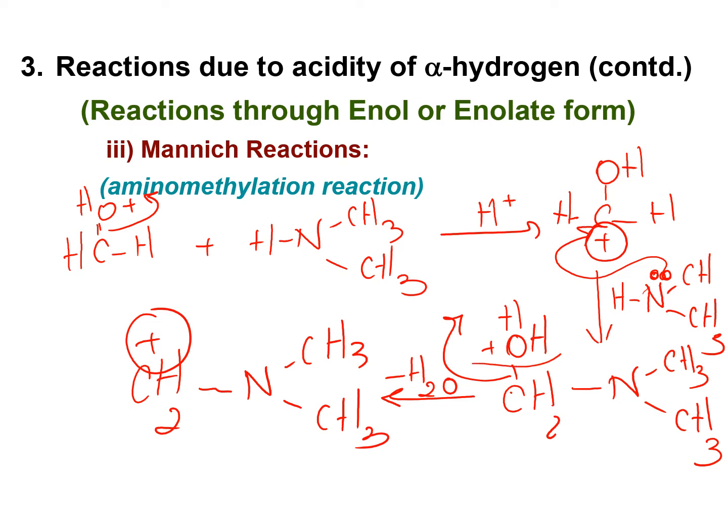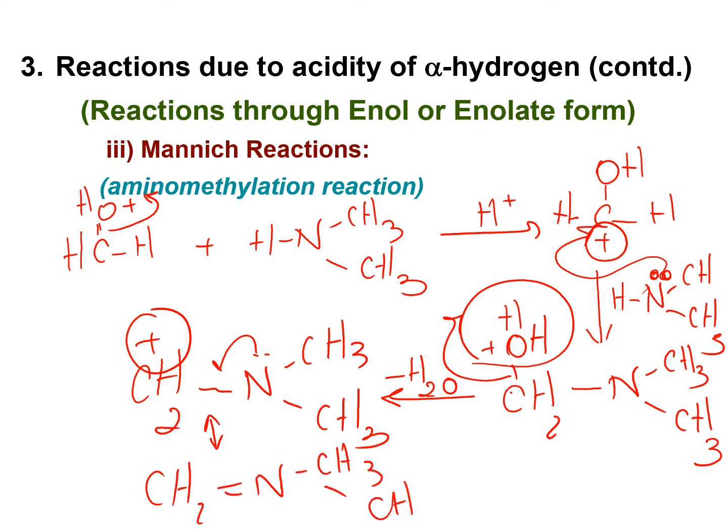When the molecule of water leaves as a neutral molecule, it leaves a positive charge on the carbon that it was attached to. Remember that this positive charge is stabilized by resonance with the amino group. This is how the reagent is formed at the beginning. The attacking agent is formed at the beginning.